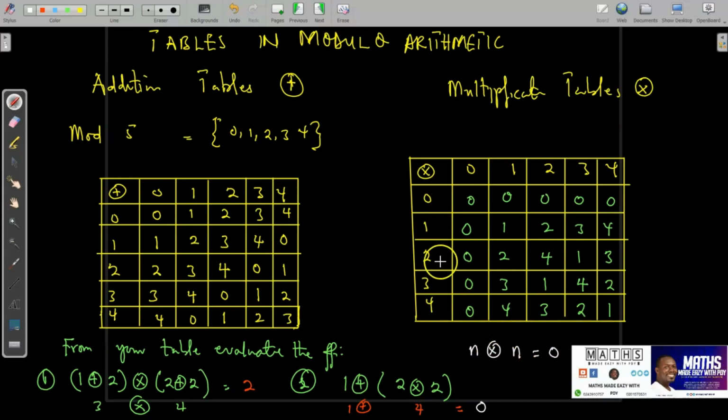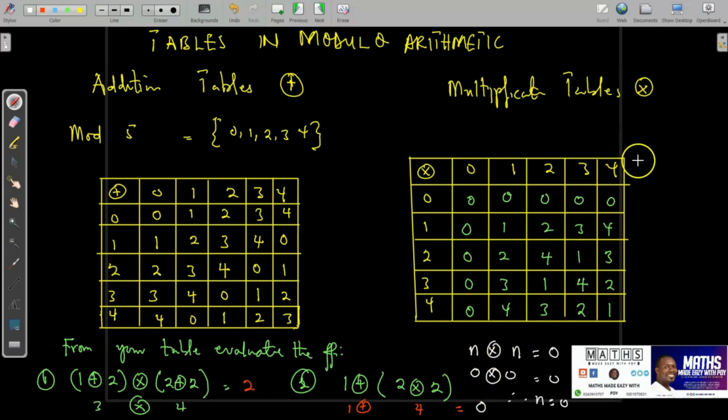From the entries that we have here, which number multiplies itself and we get 0? It is 0. So you have to give us evidence. You just have to write 0 multiplying 0 is equal to 0. Therefore, n is equal to 0. That is your evidence.